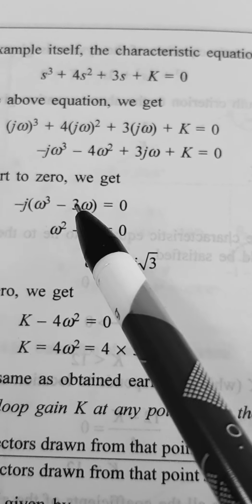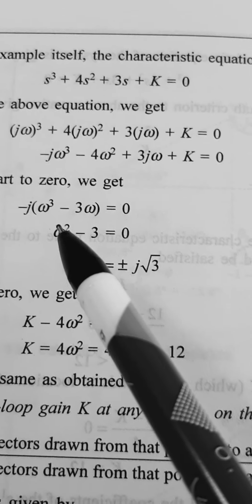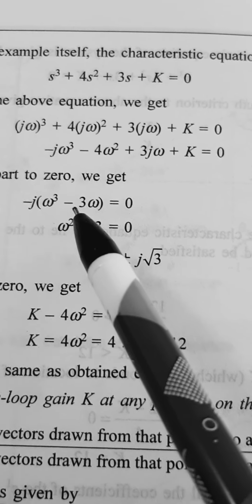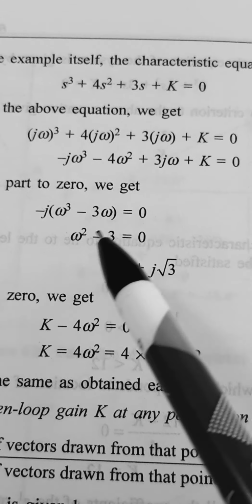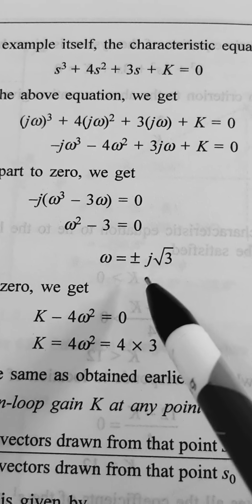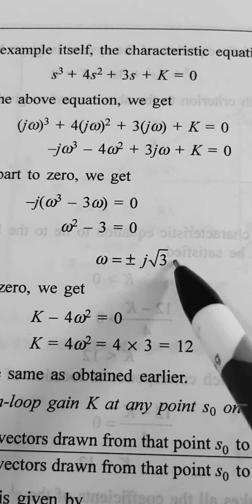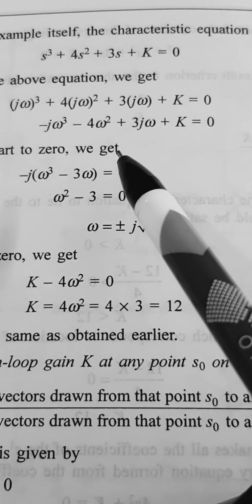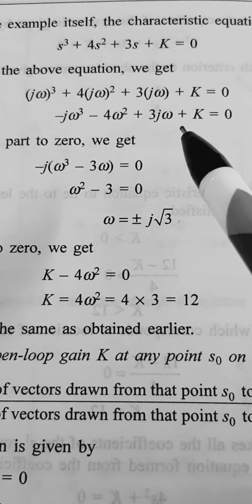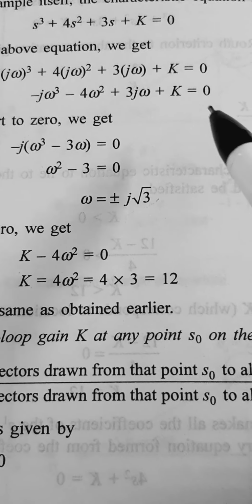Omega can again be taken outside, so omega times (omega square minus 3) is equal to 0. That is omega square minus 3 is equal to 0, so omega is equal to plus or minus square root of 3. And if you are equating the real parts, that is minus 4 omega square plus k is equal to 0.